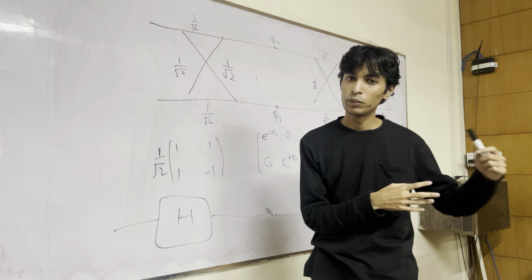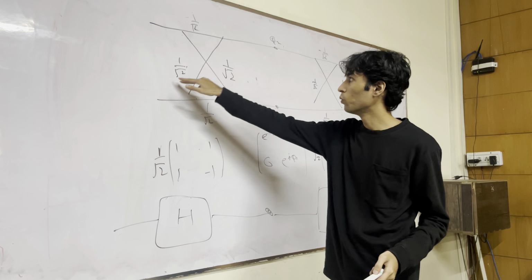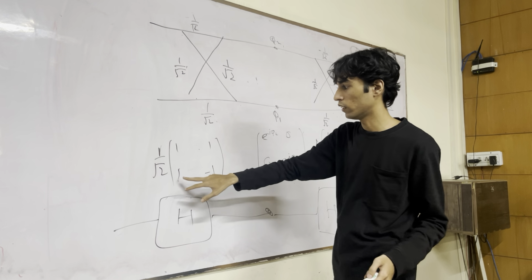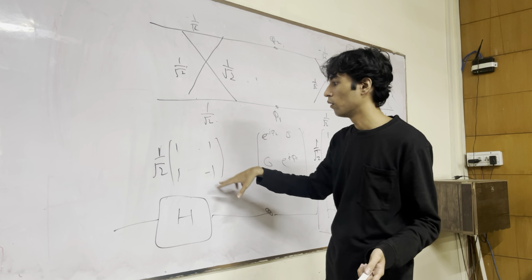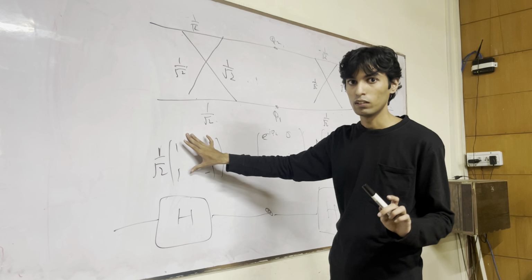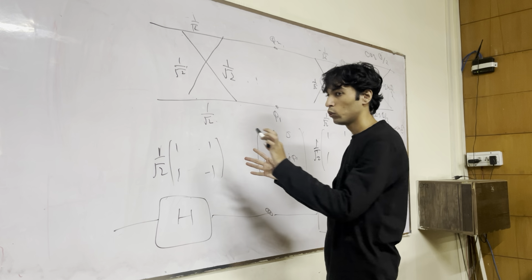You give a 50-50% chance on both sides. That's why we have 1 over square root 2 on every side, or you can say that we multiply the whole matrix by 1 over square root 2 at the start to have two different outcomes.